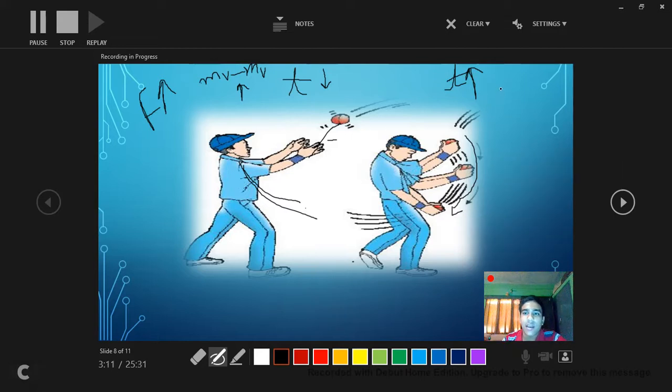As a result, p2 minus p1, the change in momentum, will be less. As a result, force will also be less. So which is more beneficial? This one is more beneficial.